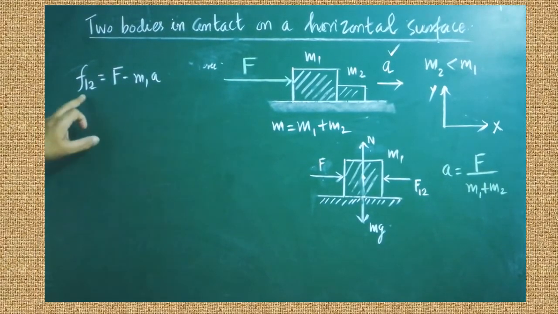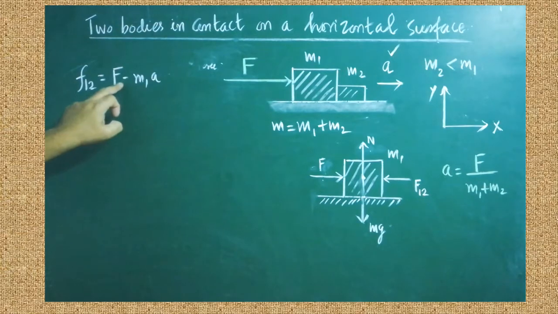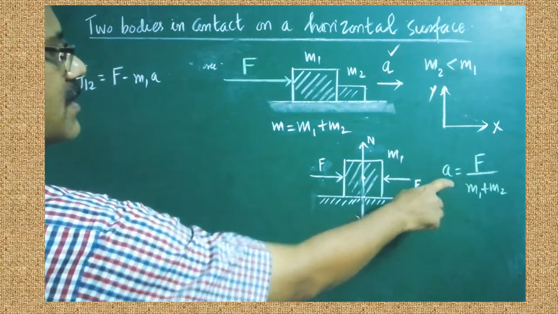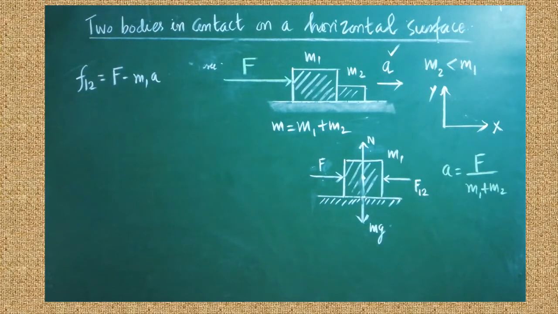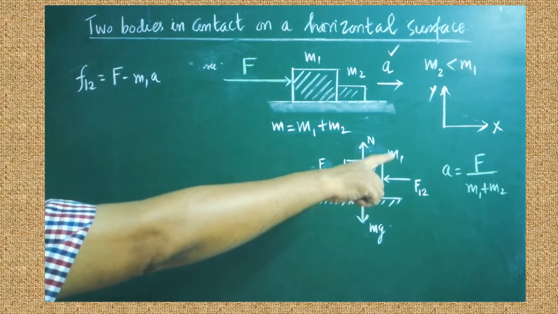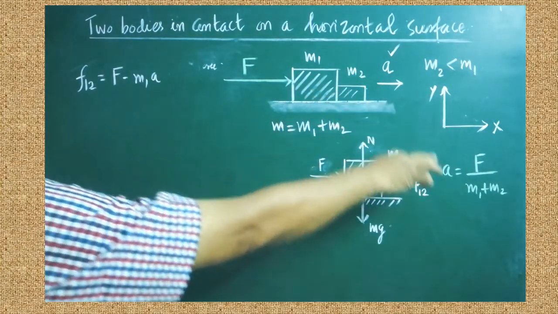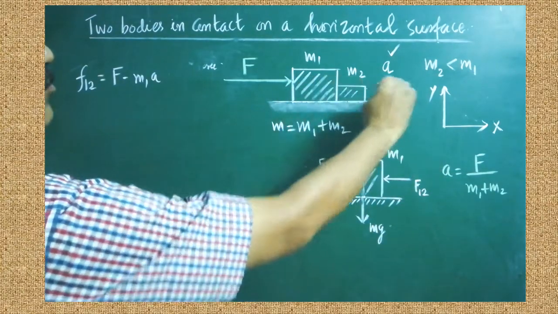Here, the previous equation is written. Previously, we derived this final equation as F12 is equal to capital F minus M1A. Already we have derived the expression of acceleration in the previous derivation. So, A is equal to F divided by M1 plus M2. When the two masses are in contact, this is the common acceleration of both bodies.